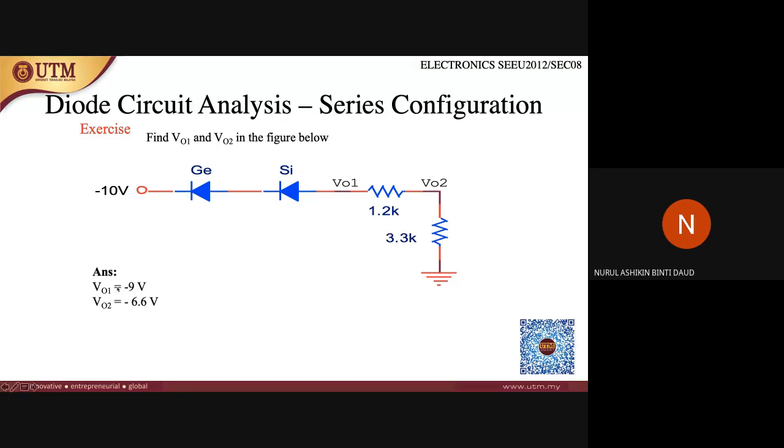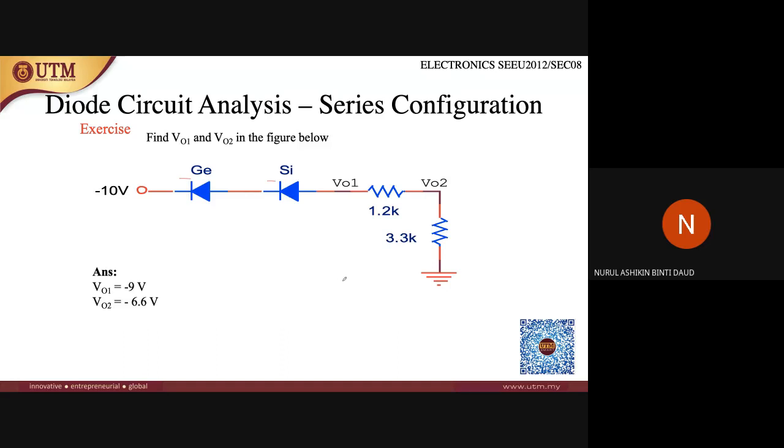Right, for this one, this is negative. This is also forward bias, right? So the current can flow inside this.